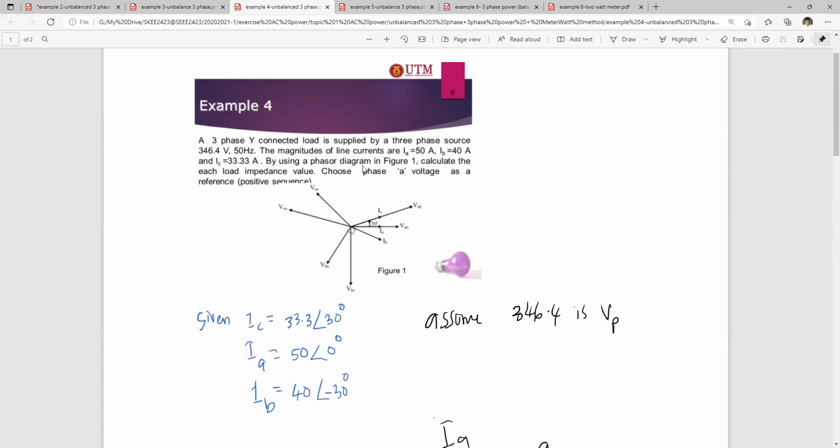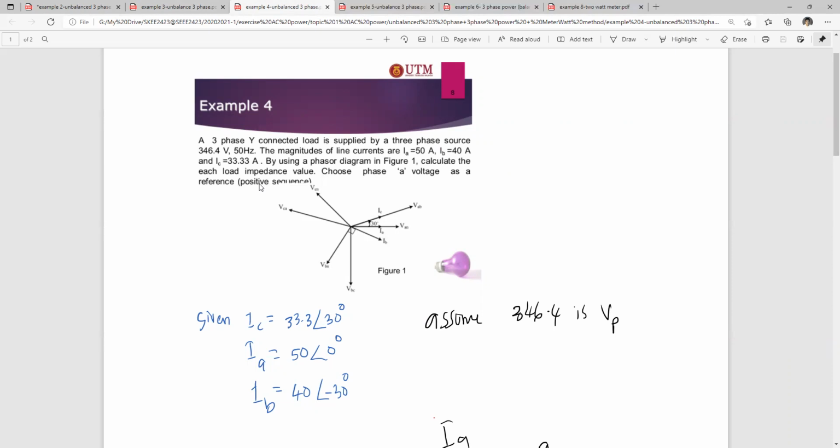By using the phasor diagram in figure 1, calculate each load impedance value. So the question is to find the load impedance for each phase. Choose phase A voltage as the reference, and the source is in positive sequence, meaning A, B, C.